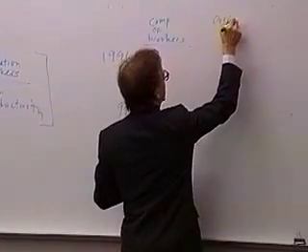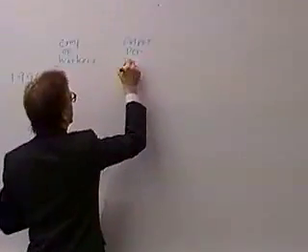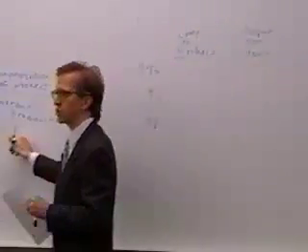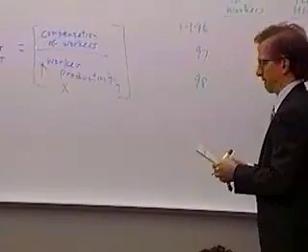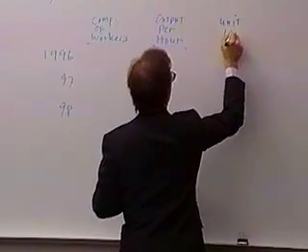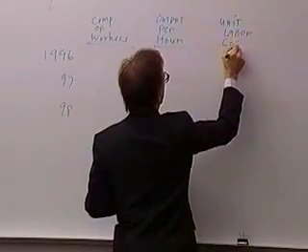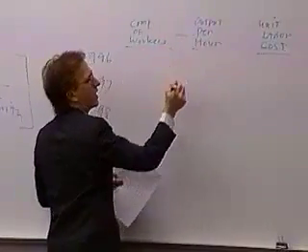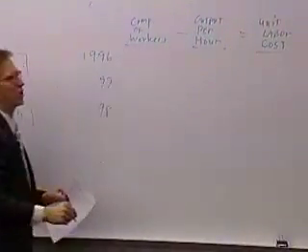Output per hour of work. That's what I'm using as worker productivity. And then we'll have unit labor costs, which is just equal to compensation of workers divided by output per hour.